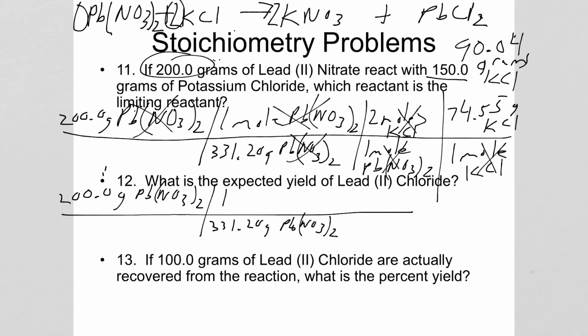So 331.2 grams of lead 2 nitrate is equal to 1 mole of lead 2 nitrate. Let's do a mole ratio. Our mole ratio between lead nitrate and lead chloride is a 1-to-1 ratio.